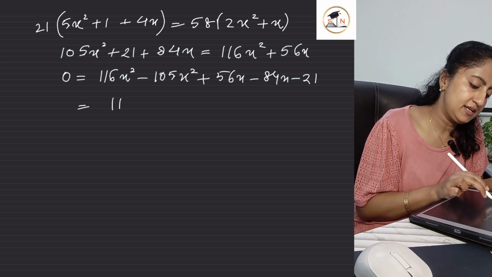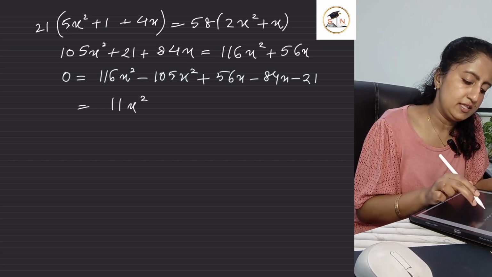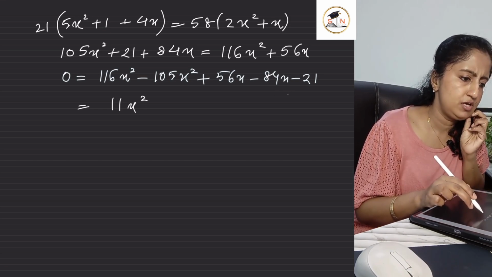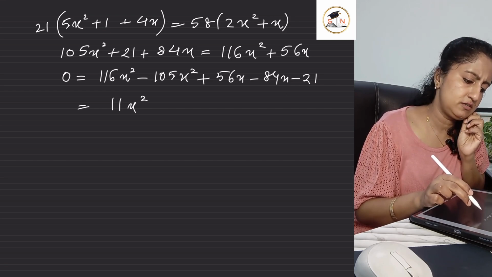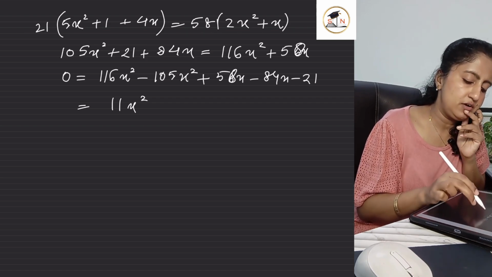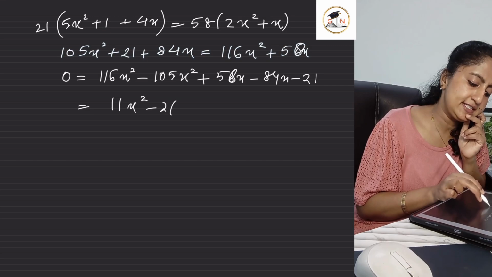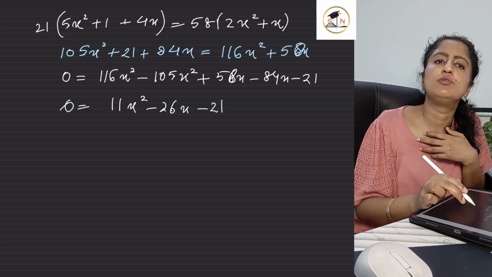This gives me 11x square, and 56 minus 84, sorry, it was 58. 58, yeah. So now it is going to result in 58 minus 84, this is minus 26x minus 21 equals 0, right?